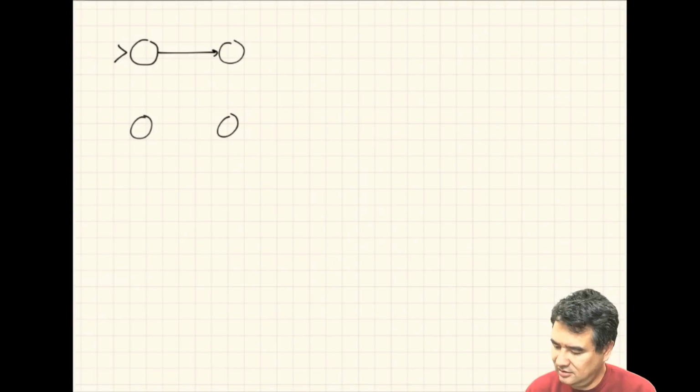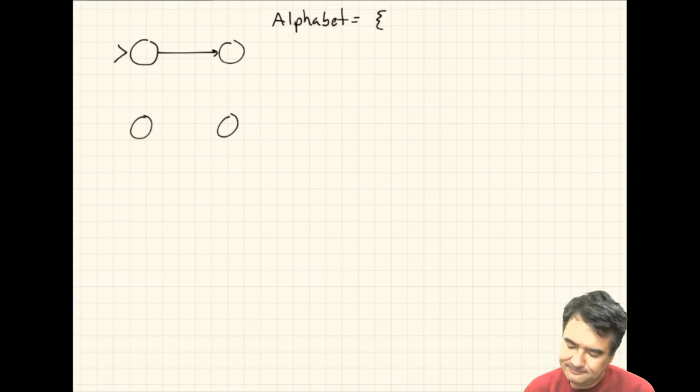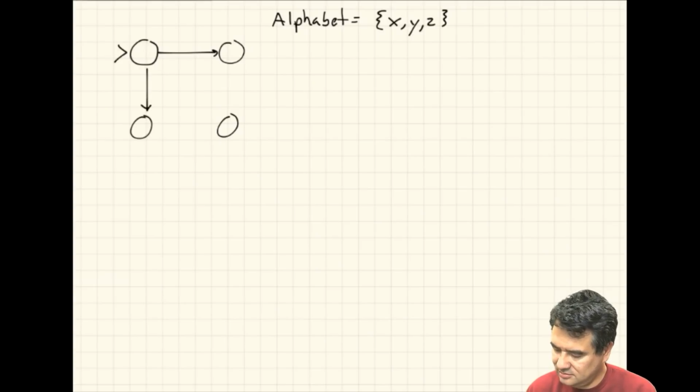Oh, I need to say our alphabet is, let's do X, Y, and Z. X, Y, and I'm going to put in 2 accepting states on this one.